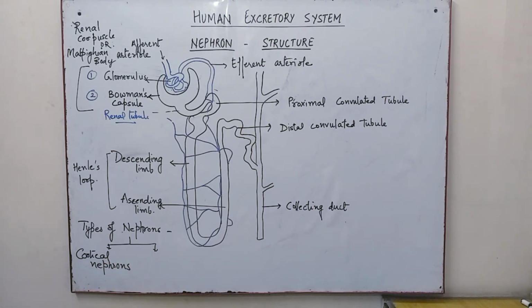Now, when we talk of the cortical nephrons, in these type of nephrons, the Henle's loop is very, very long, and it reaches down to the medullary region very deeply.